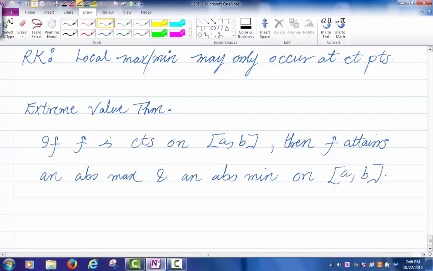So if f is continuous on an interval from a to b, I know that f has to attain an absolute maximum. It has to attain an absolute minimum.